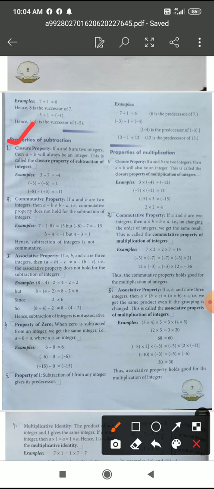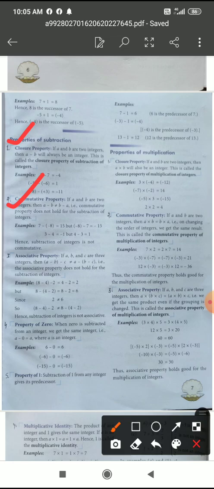Then commutative property. Here a minus b not equal to b minus a. For example, 3 minus 4 equal to minus 1, but 4 minus 3 equal to 1. Hence, subtraction of integers is not commutative.